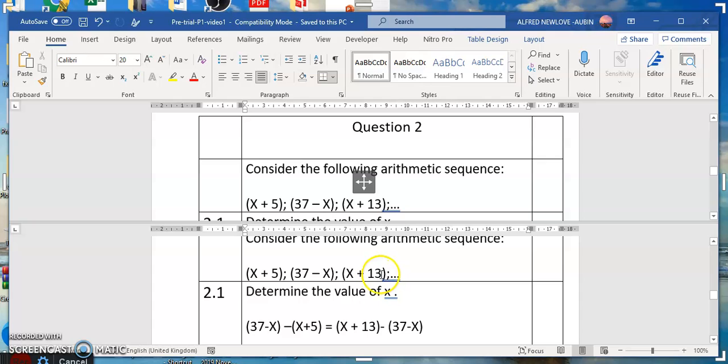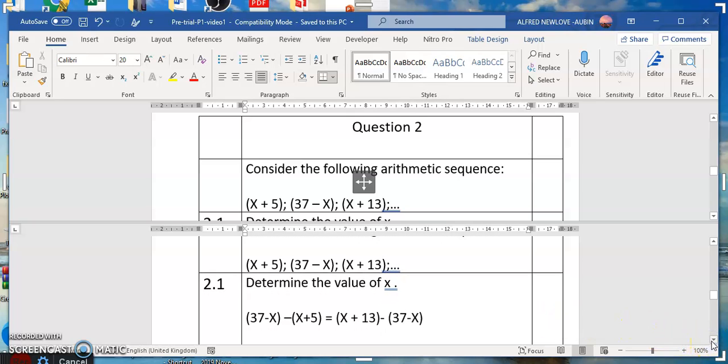Always start from the last. So our third term, which is this one, you can start from here also, like 37 minus x, which is the second term minus the first term, should be equal to the third term minus the second term, or the other way around. All of them are correct.